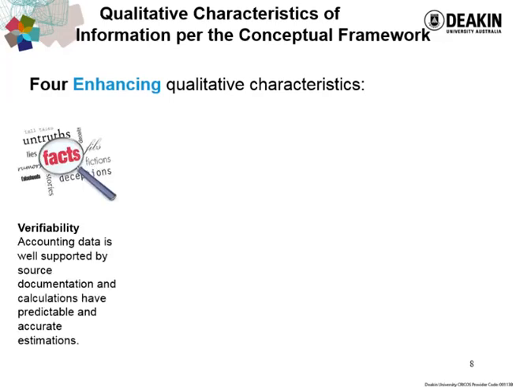In addition, there are 4 enhancing qualitative characteristics. First, verifiability, which means financial information can be supported by evidence and it can be audited. For example, you refer to source documents such as contracts, receipts, and invoices.